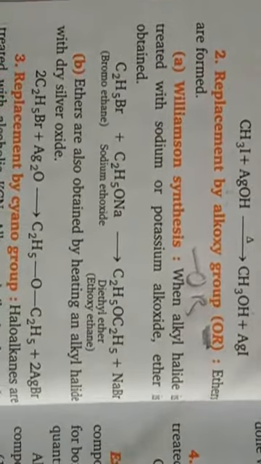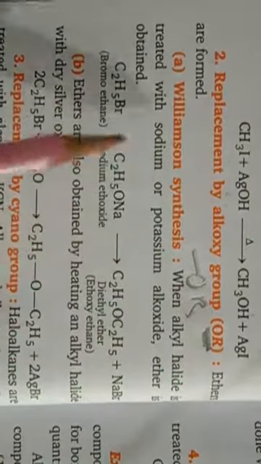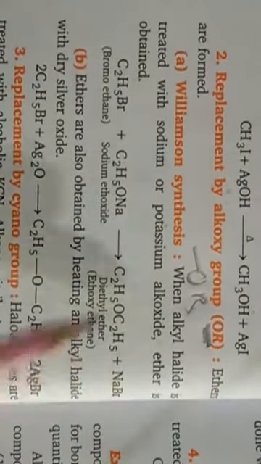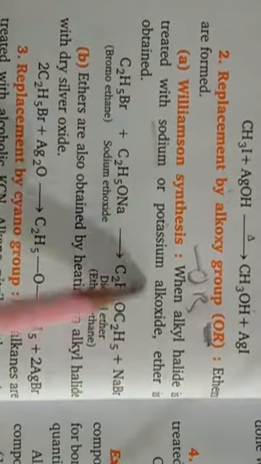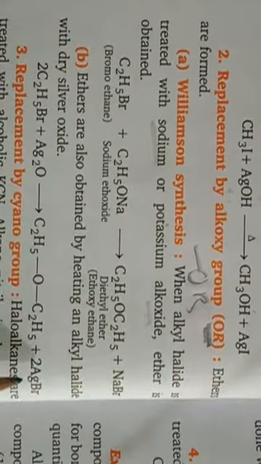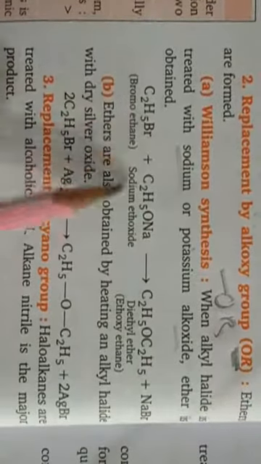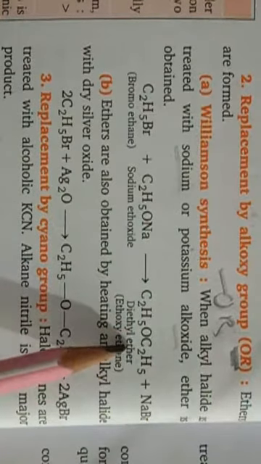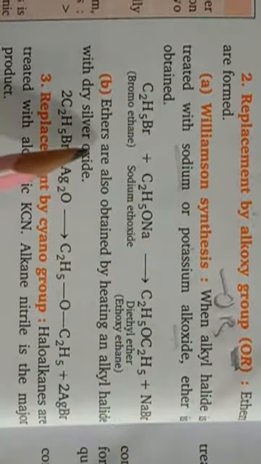This displacement reaction of halide ion with OR is known as Williamson synthesis, and this is a very important reaction for the synthesis of ether. When alkyl halide is treated with sodium or potassium alkoxide, ether is obtained. As you can see in this example, ethyl bromide is reacting with sodium ethoxide and formation of diethyl ether is taking place. Diethyl ether.